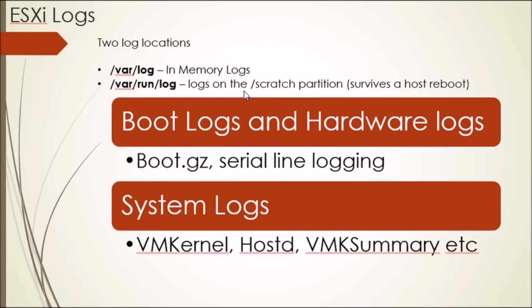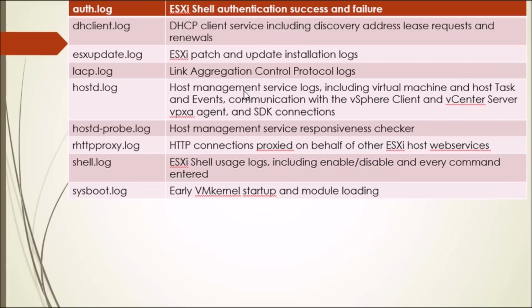Now system logs are the logs which are written in the /var/log or the /var/run/log folder, and generally those are the vmkernel, the hostd, the vmk. Coming to the actual log files which the ESXi has, if you go into the /var/log or the /var/run/log folders, you'll see that there are a couple of log files which are generated.